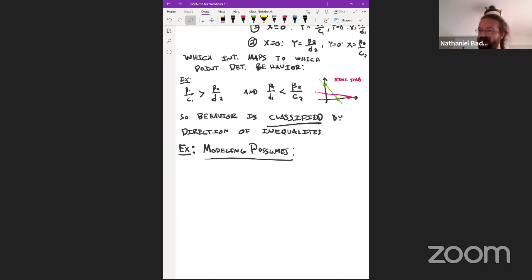The idea here is that we want to model possums with tuberculosis, specifically for the application of trying to evaluate population reduction strategies.